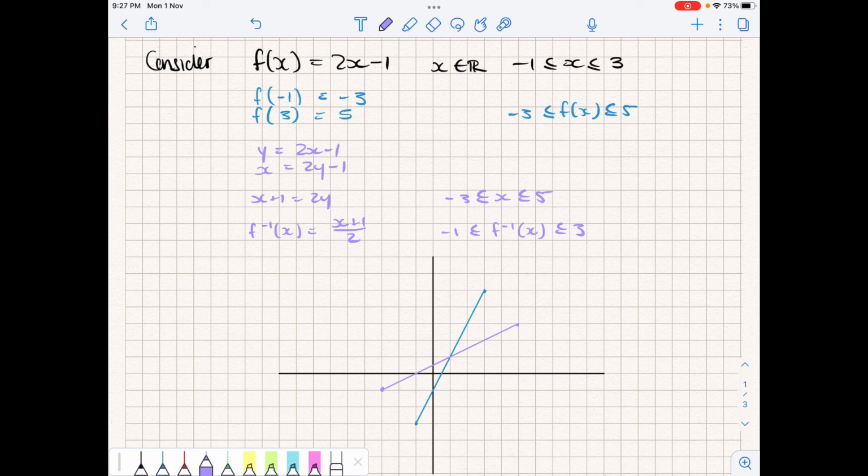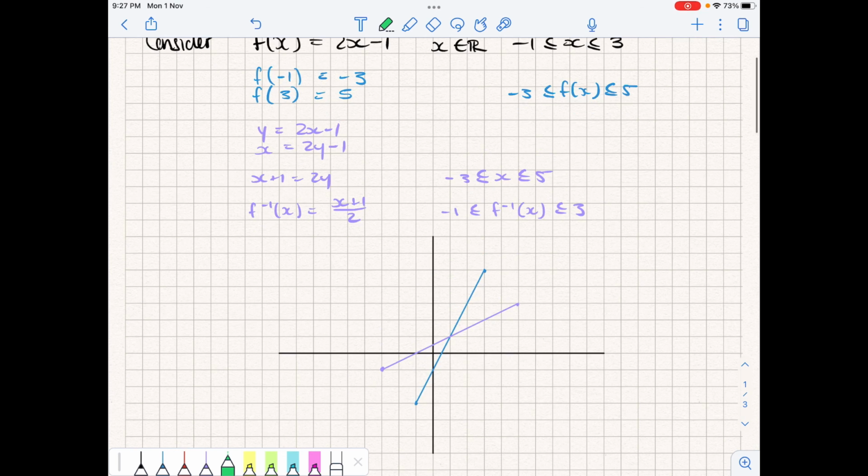Now, this shows us a very interesting property of a function and its inverse. So if I had to quickly draw in the y equal to x line, you'll notice that the function and its inverse are simply a reflection of each other about the y equal to x line.